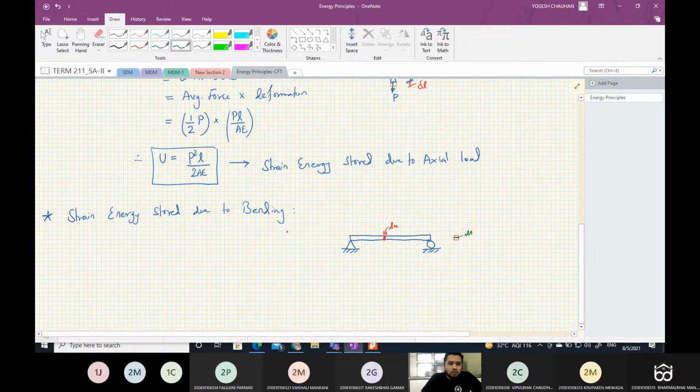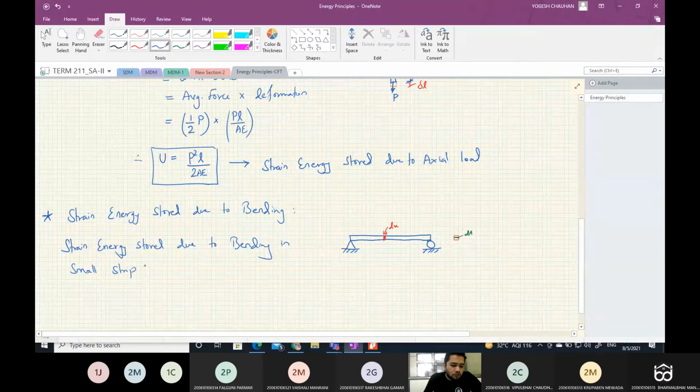So we can now find the strain energy stored due to bending. Strain energy stored due to bending in small strip of thickness dx.